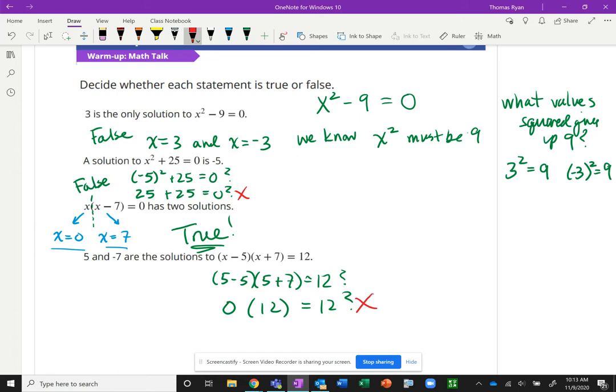And the same thing would happen for negative 7, because it would make that value 0. So this is false. What would be true is if this equation were equal to 0. Then we would want to find the values that make each binomial 0. But when it's not 0, it's a different case. And when it's 12, these will not be the solutions we're looking for.